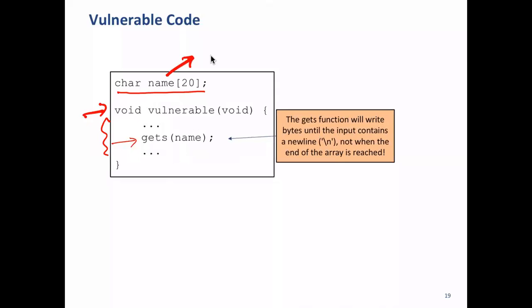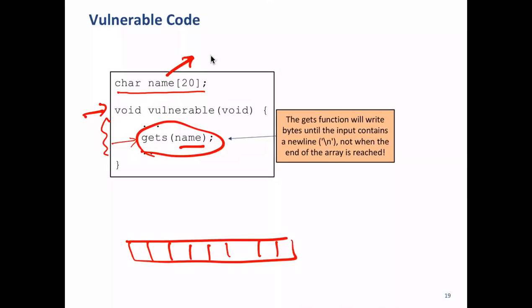Essentially, you define name of size 20, and you get a string called name, and this function will check only for the new line character. Till that time it will assume that's the string.